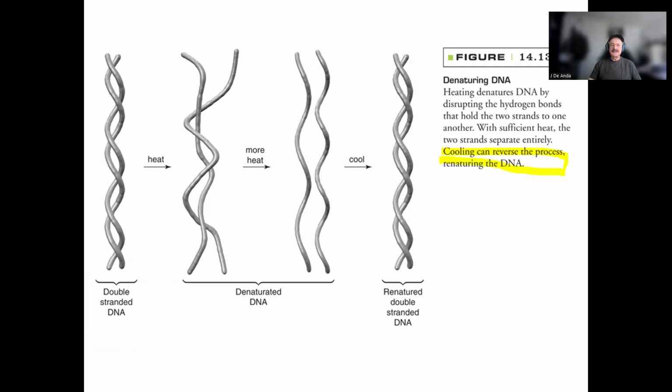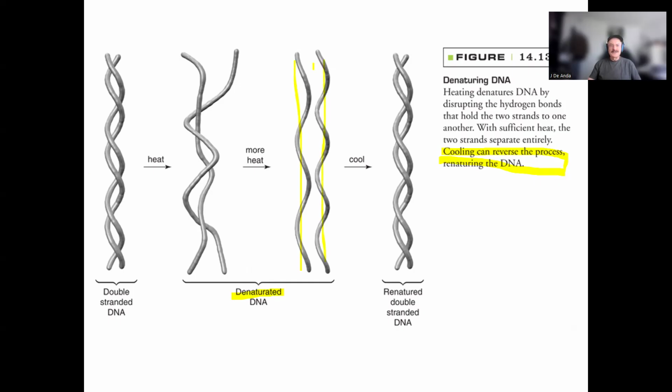essentially renaturing the DNA. This is not always possible. Sometimes, although we don't have time in our course to go through this, DNA can be modified later on by different enzymes. And once you do that, you might not be able to renature the two strands of DNA. But essentially, what's going to happen is because this denatured DNA consists, like you can see, of two strands, but those strands are complementary to each other.